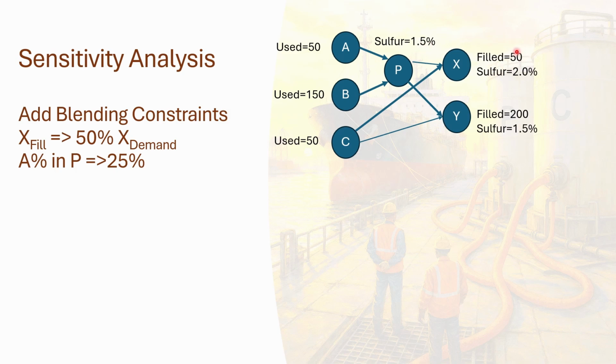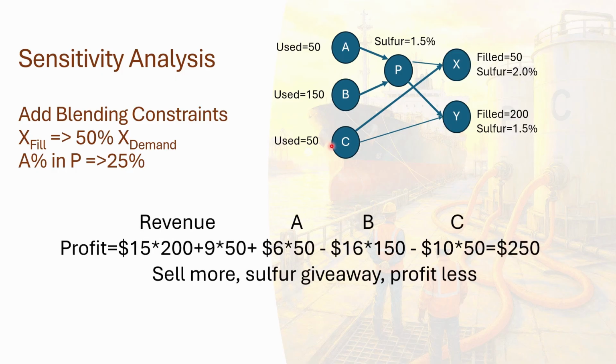We filled 50 units of X and 200 units of Y. Y is coming solely from our pool, and X is coming from C. So in this situation, we did sell more units of material, but there was a sulfur giveaway on X, and we ended up profiting less, only $250 now.